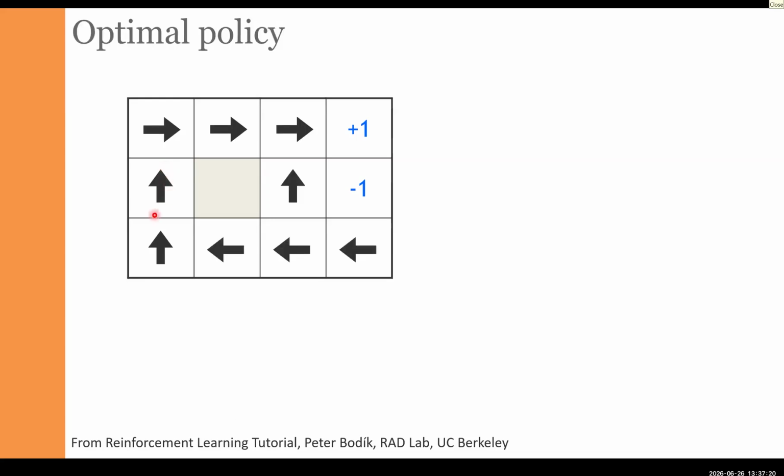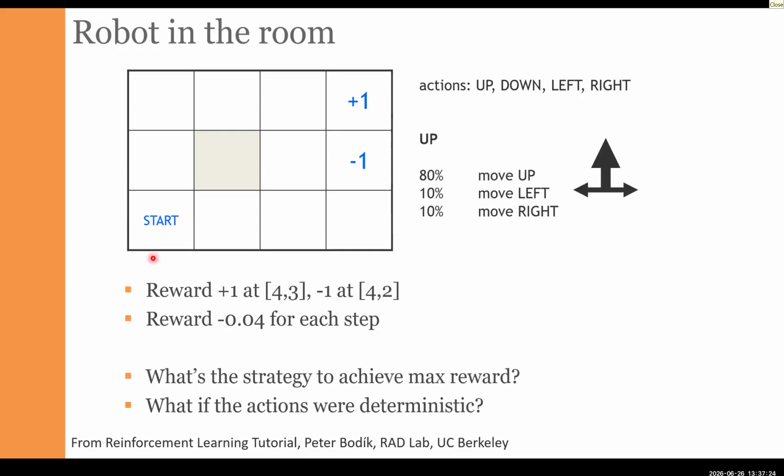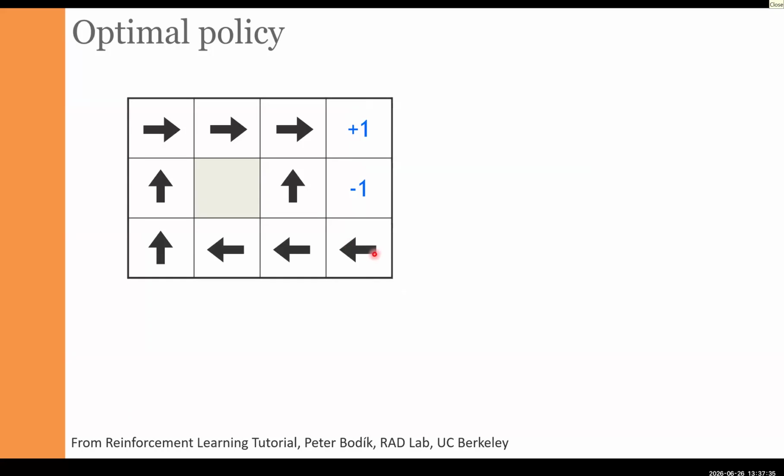So it turns out that for the condition that I've shown, where we have reward +1 here, reward -1 here, and each step costs us 0.04, the optimal policy is like this, right? This makes perfect sense. If I'm here, I want to go like this. If I'm here, I want to go like this.